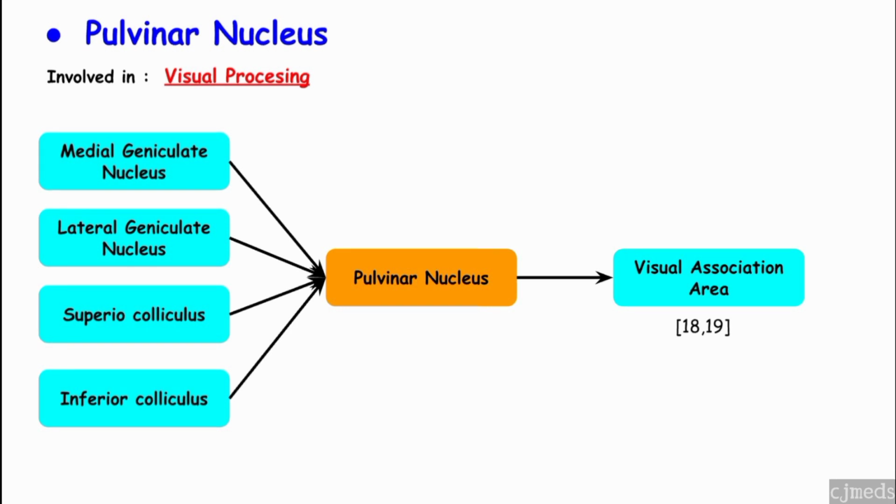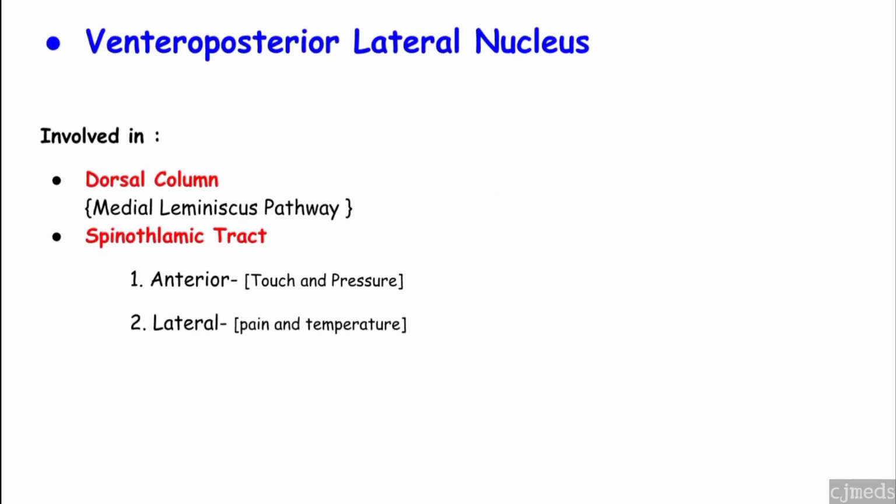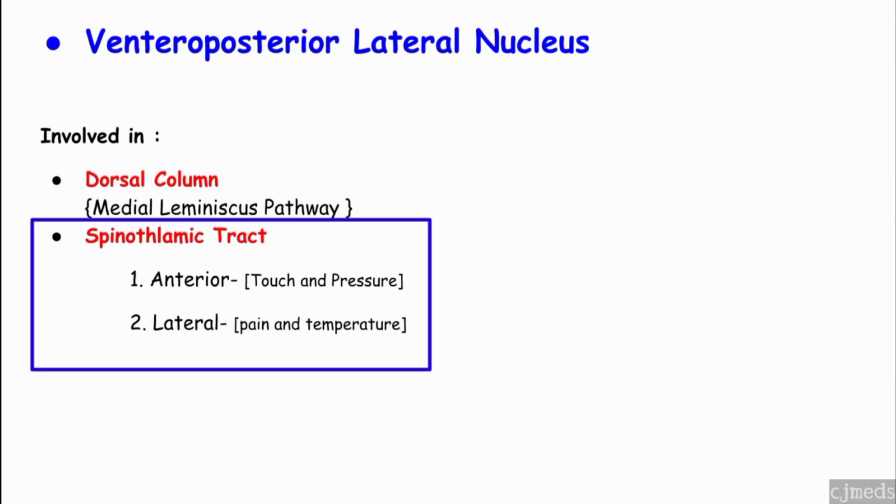Now let's discuss the next one, the ventero-posterior lateral nucleus. Remember that it receives sensory information from the dorsal column medial lemniscus pathway, which is involved in proprioception, that is fine touch, vibration, etc. And the other sensory information comes from the spinothalamic tract, which has two parts, the anterior and lateral spinothalamic tract.